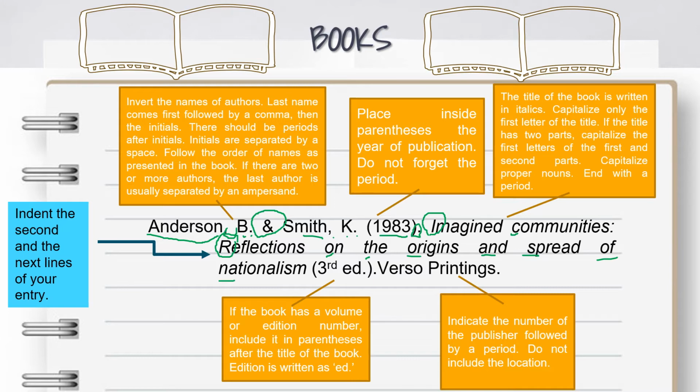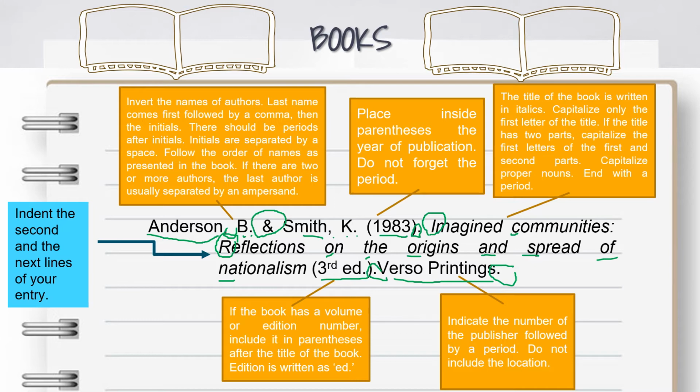Now, in case that there is an edition, you have to write that inside again the parentheses, and then edition will be shortened into ed period. After the parentheses, again end it with a period. And lastly, of course, the name of the publisher, and it is Verso Printings, and then end it again with a period.